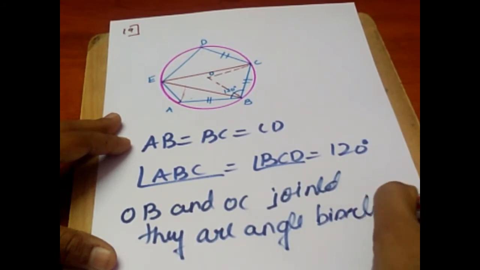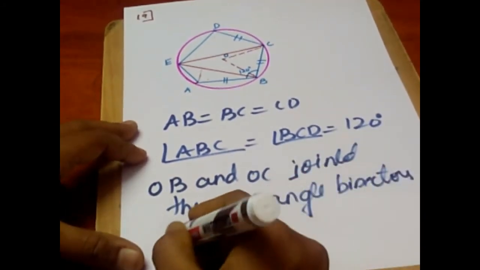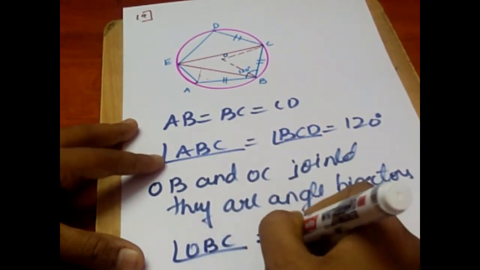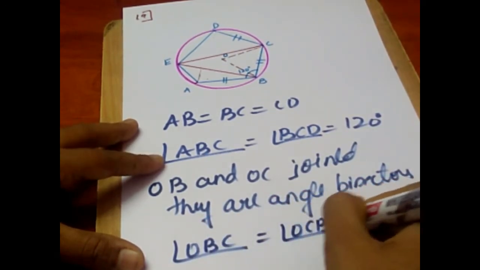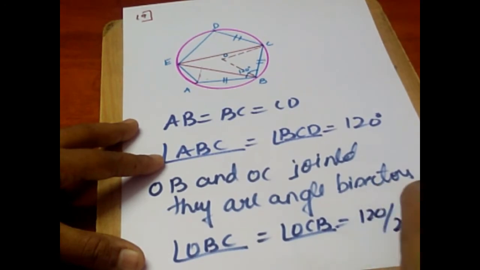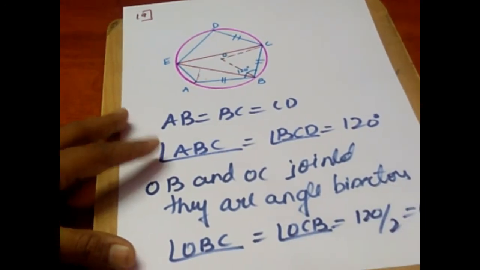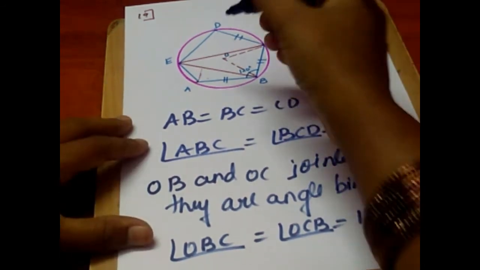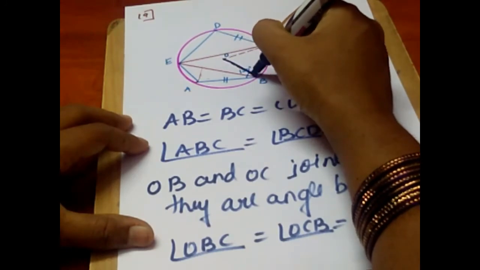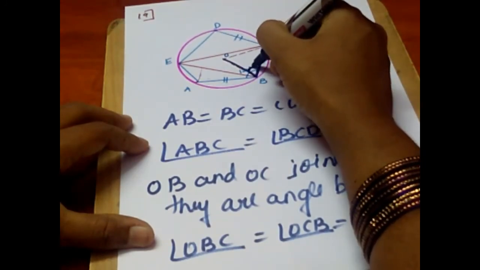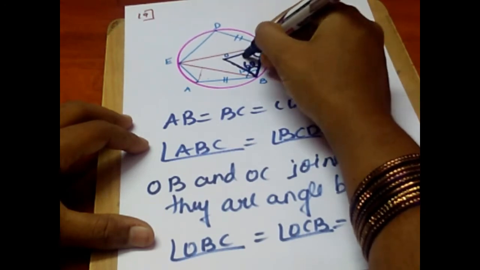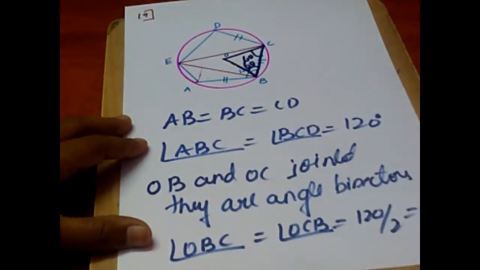We know this very well. Hence, I can say that angle OBC is equal to angle OCB is equal to 120 by 2, which is equal to 60 degrees. So move to the diagram and mark this, children. Angle OBC is 60, and OCB is equal to 60.